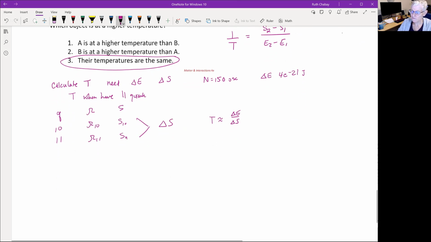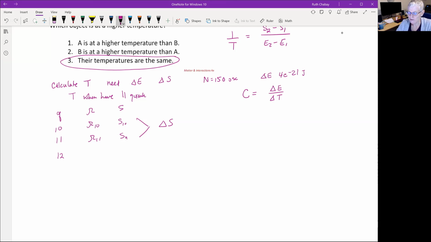Now we could actually go a little further in this calculation. We know that heat capacity, or specific heat, is the amount of energy per Kelvin. So heat capacity for an object is energy per Kelvin, and specific heat is heat per Kelvin per something, per gram or per atom or whatnot.